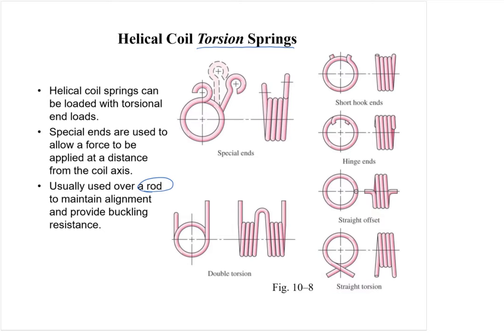When you push the ends together, the coil actually gets bigger in diameter, and you can slide it over a pole. So here we have a pole, and then you have your torsional spring, and when you flex these things in, the diameter gets bigger.